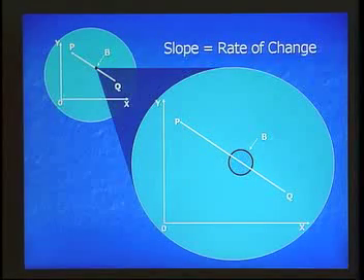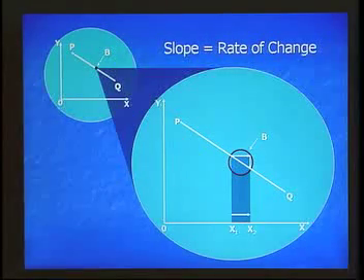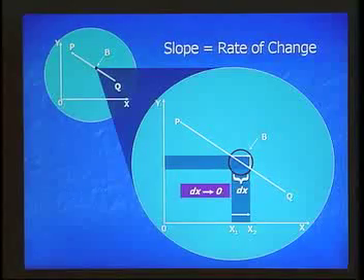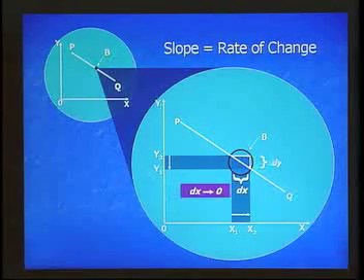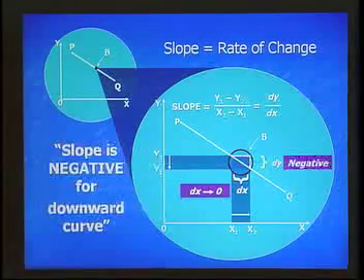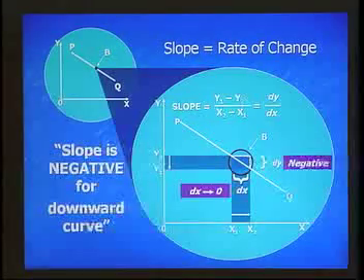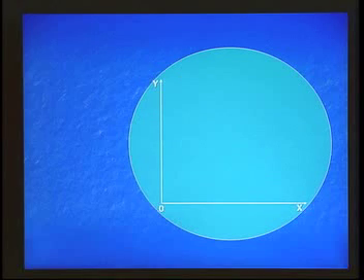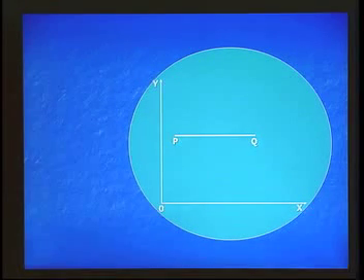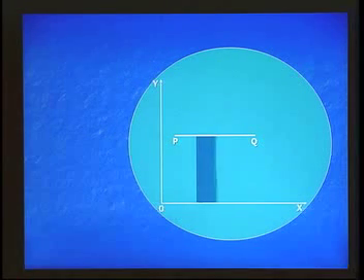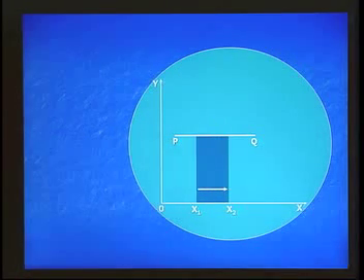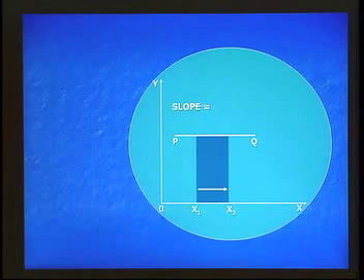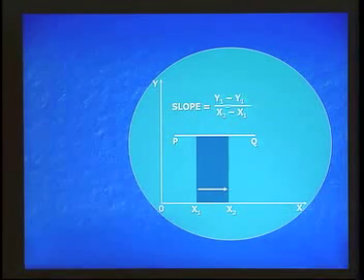Therefore, for positive change in x, change in y will be negative. So, dy will be negative and the slope will be negative. In case of any straight line which is parallel to the OX axis, for any change in x, there will be no change in y. That means dy will be 0 and the slope will be 0.